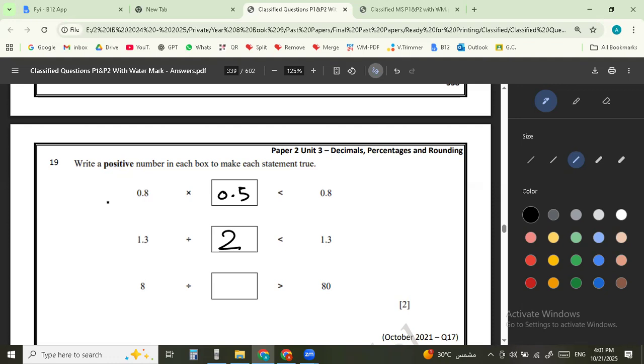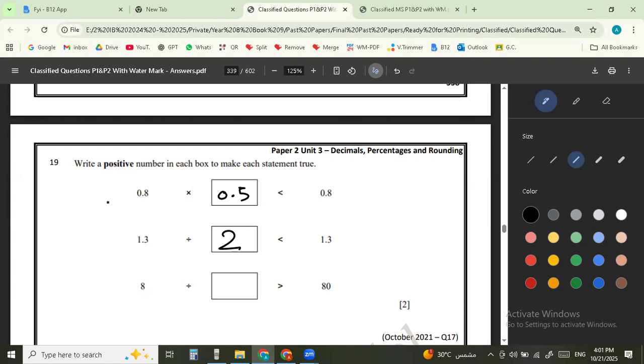But here, 8 divided by what is greater than 80? That's a different thing. If you remember, we said the smaller the number is, the greater the answer becomes, if it's smaller than 1.